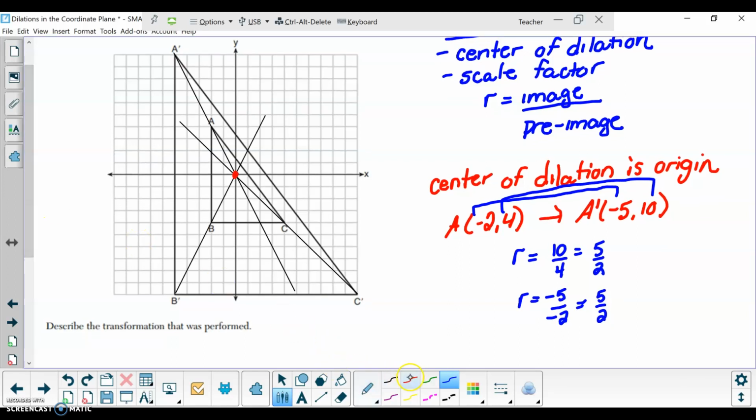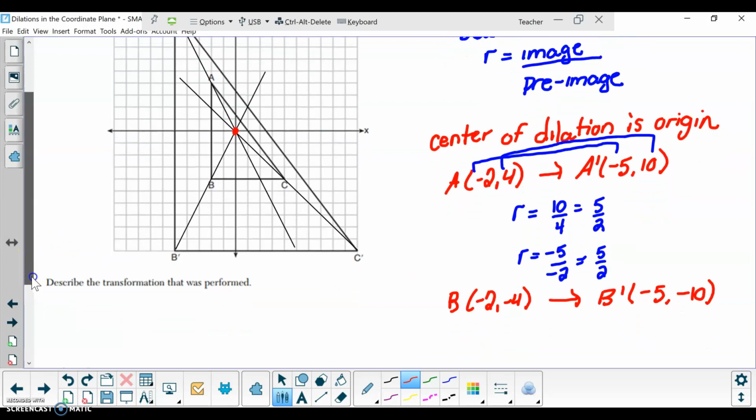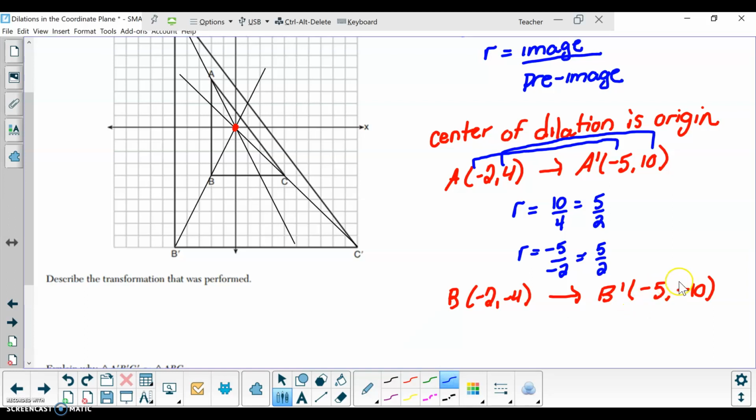The same thing would happen if I take a look at B and B prime. Point B was negative 2, negative 4, and then B prime was negative 5, negative 10. Again, if I compare the y values, negative 10 over negative 4 still simplifies to 5 halves.